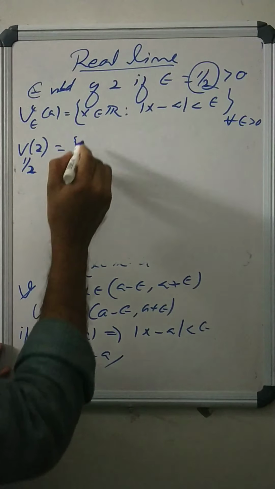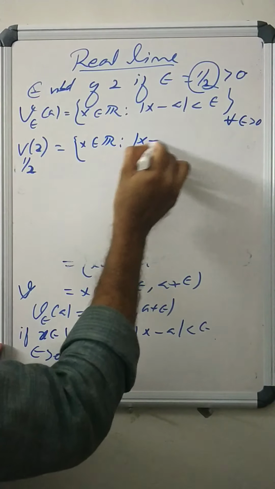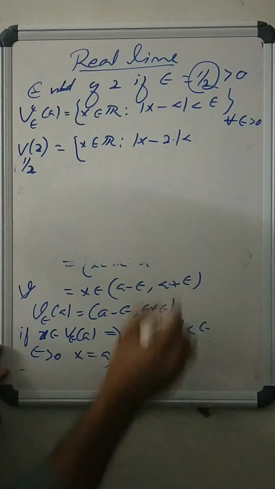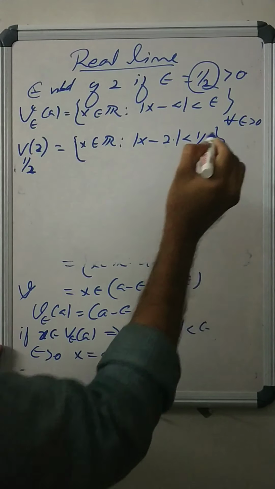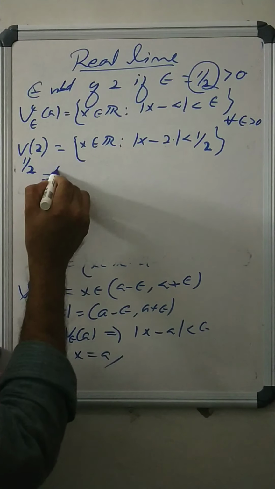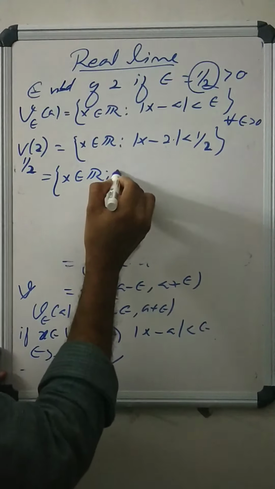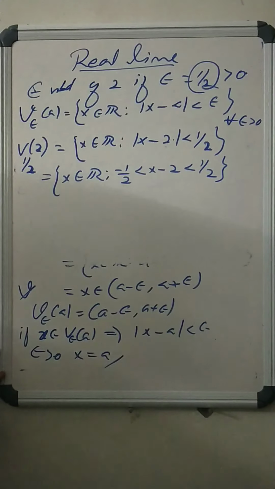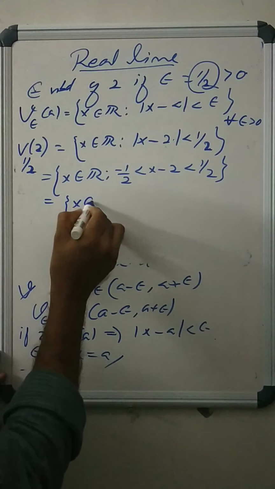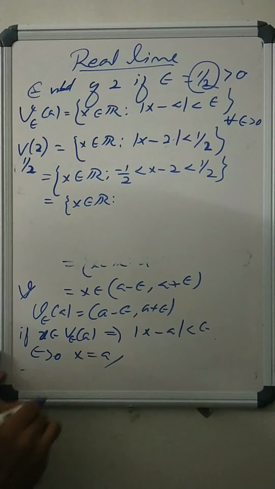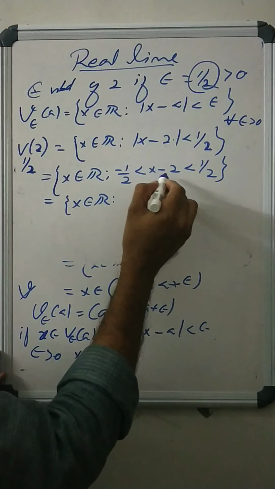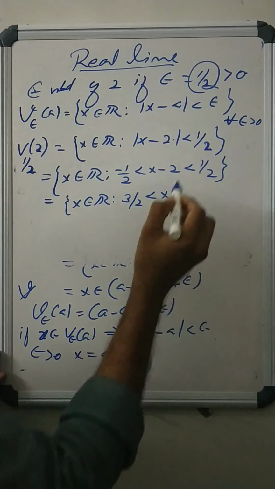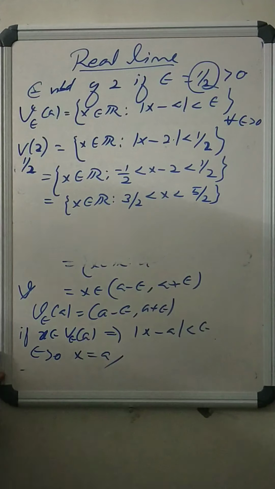What is V 1 by 2 of 2? It is the set of all x belonging to R such that modulus of x minus A, here A is 2, so modulus of x minus 2 is strictly less than epsilon, which is half. That equals the set of all x such that minus 1 by 2 is less than x minus 2 is less than 1 by 2. Adding 2, 2 minus 1 by 2 is 3 by 2, so 3 by 2 is less than x is less than 5 by 2.